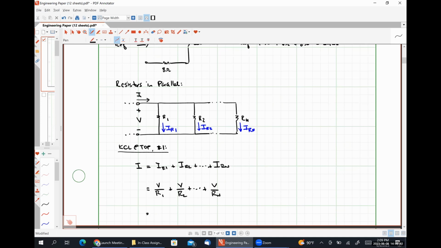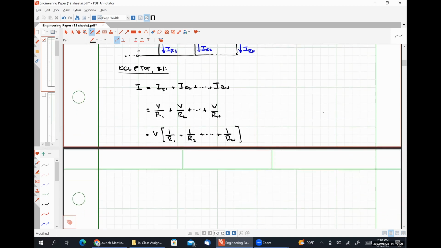And pretty obviously, we can see that there's a common factor of V that I can take out, leaving me I is equal to V times 1 over R1 plus 1 over R2 all the way out to 1 over R sub n.